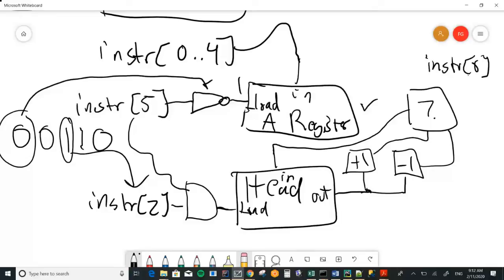We can actually make instruction 0 the select bit on this multiplexer without any worries at all, because all it's doing is deciding whether the +1 or -1 value is going to get into the register. It's not deciding whether the value gets in. Big difference. Very big difference, right?